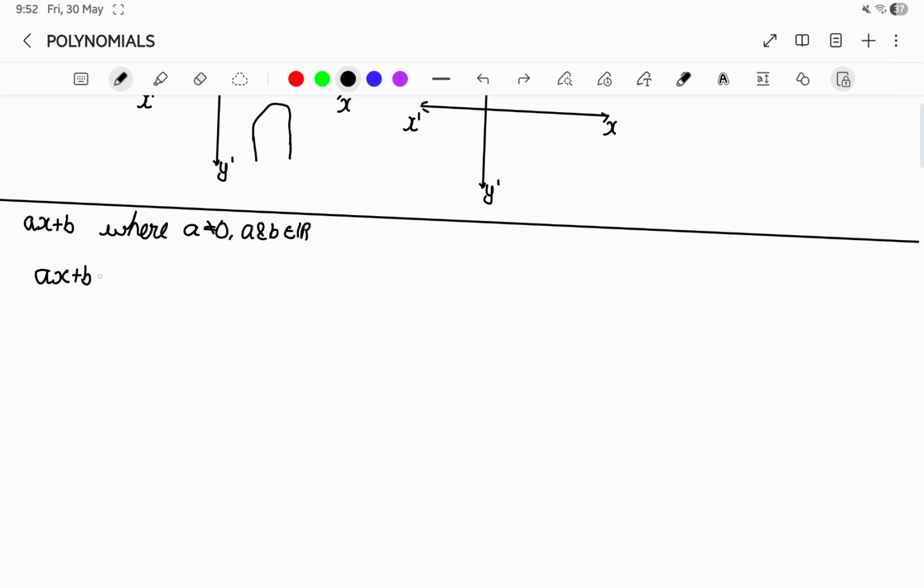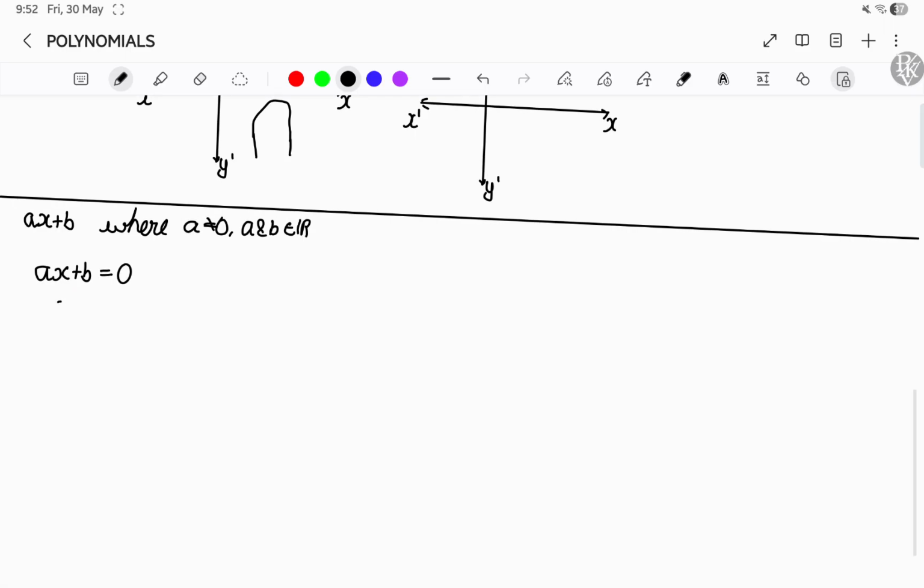To get the zeros in a linear polynomial, that is, with degree equal to 1, you just equate it to 0, and you will see that the value of x is minus b by a, because b goes to the other side and becomes minus, and a goes to the other side and becomes a divisor. So x equals minus b by a. This is a simple relation between zeros and coefficients in linear equations.